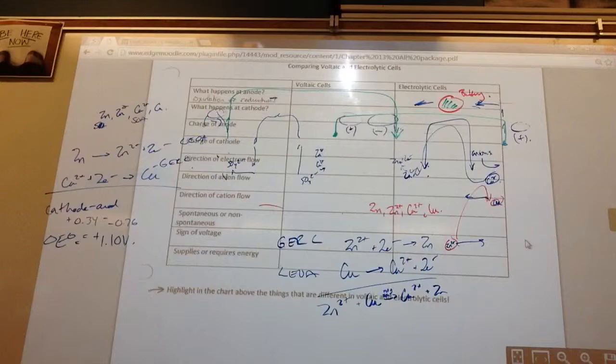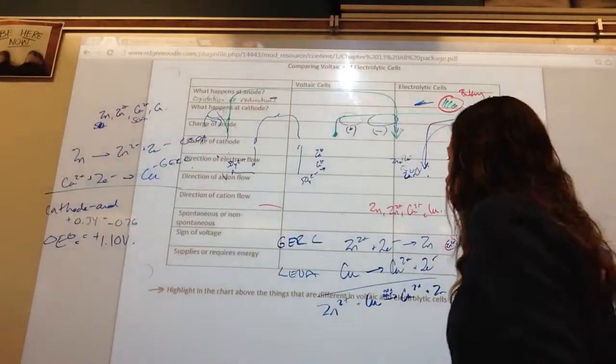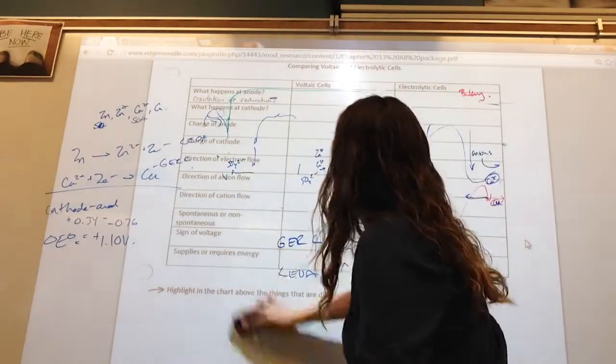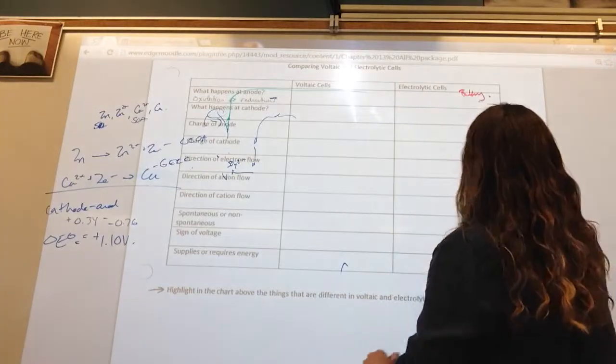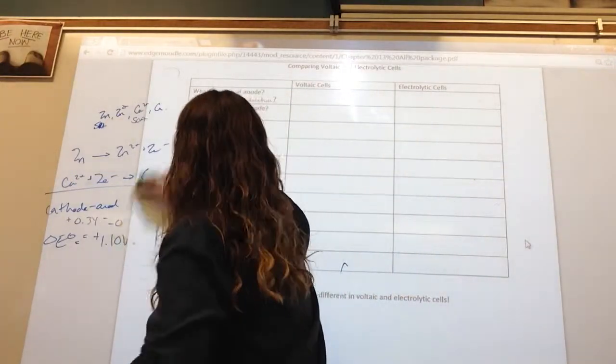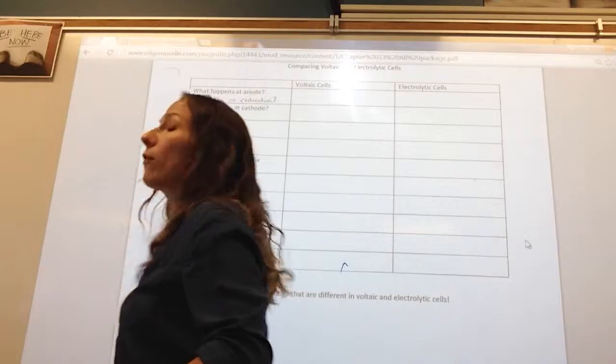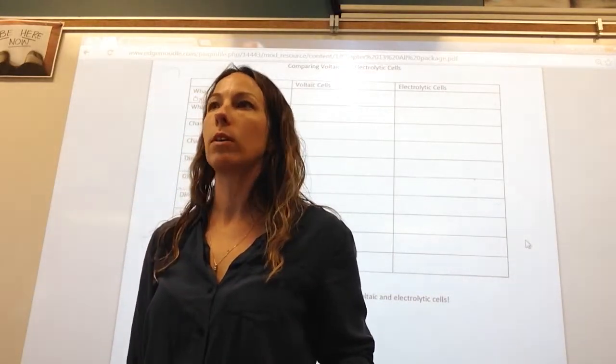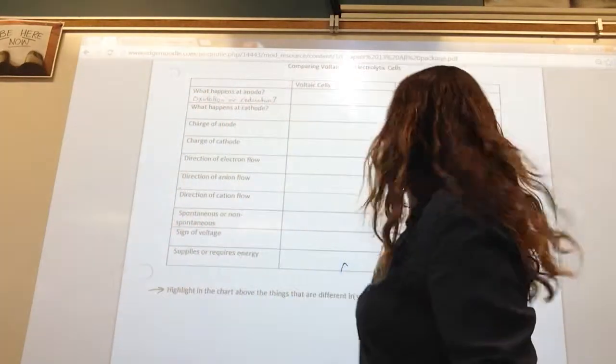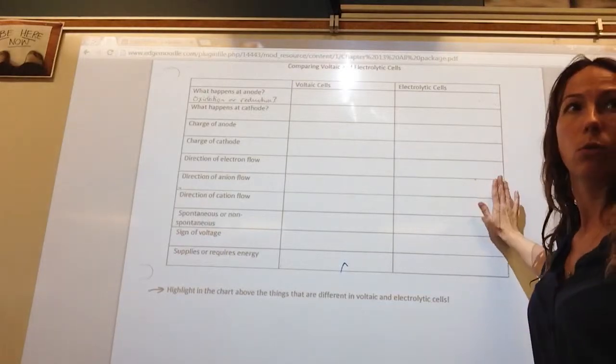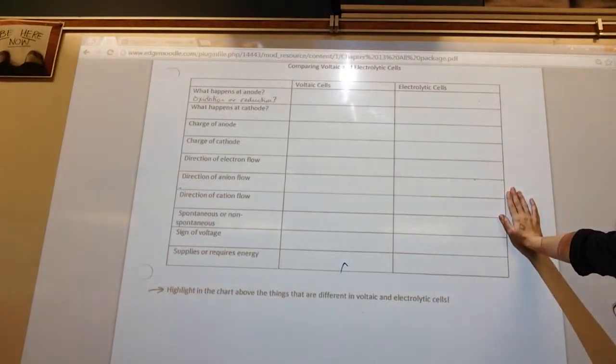So this says, highlight the above chart to find out what's different between electrolytic and voltaic cells. Oh, I forgot to do the voltage on that last one. On the last one, I've just rubbed it out, but can you take your cathode minus your anode, please? Yeah, but prove it to yourself. So take your cathode value.